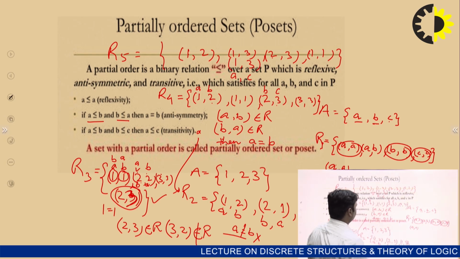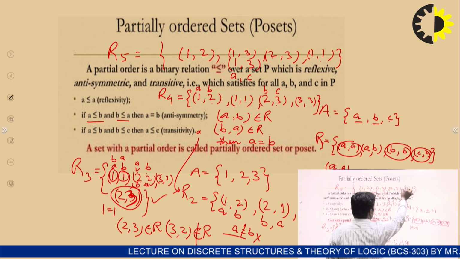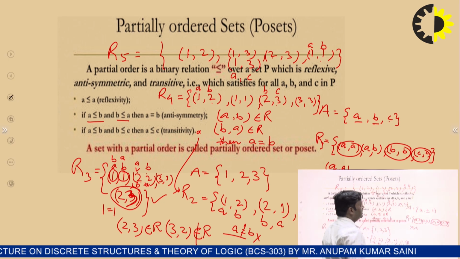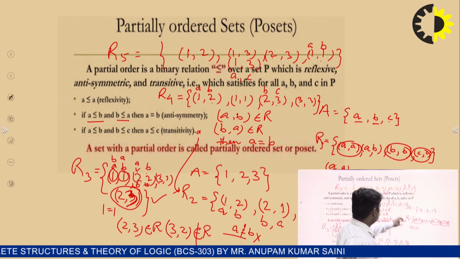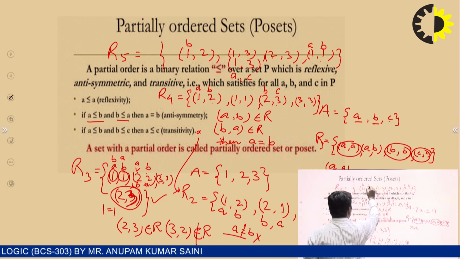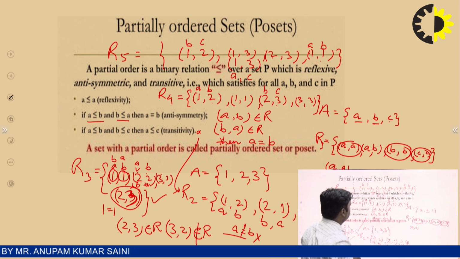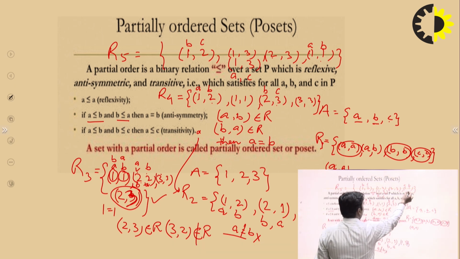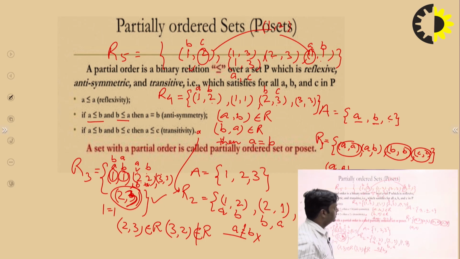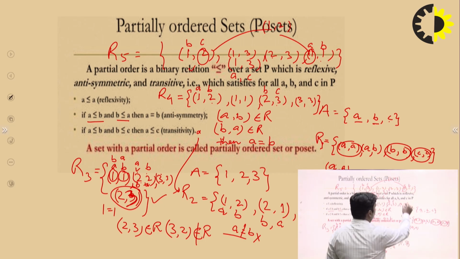For the other relation, (1, 1) means (A, B), we take 1 as A and 1 as B, and (B, C), then there should be (A, C) in the relation: (1, 2), that is also available here, then this relation will be transitive.